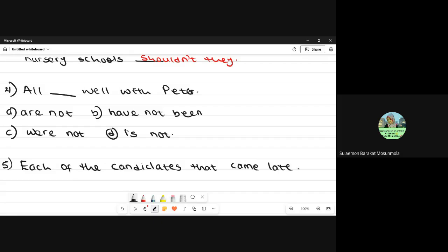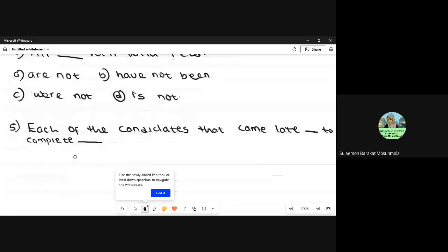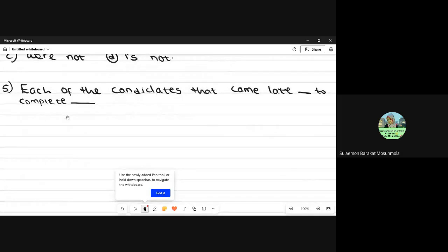Dash to complete dash. So let me put the option now. Each of the candidates that came late dash to complete dash. Option A, have slash this form.